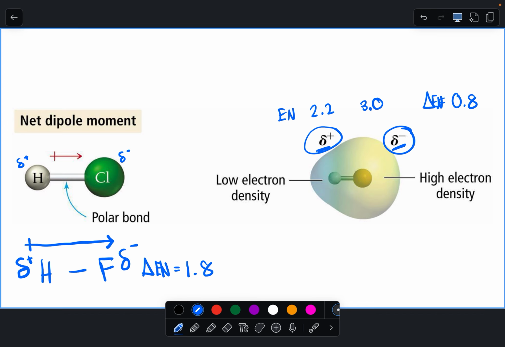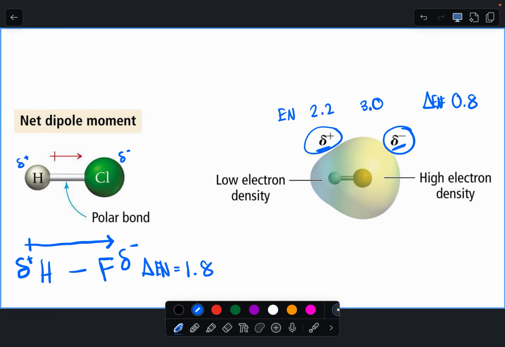Just physically drawing the partial sign bigger. So a more formal way to do that is by drawing the arrow of the dipole moment bigger. Okay, so a size and a direction associated with this arrow to represent the difference in charge.